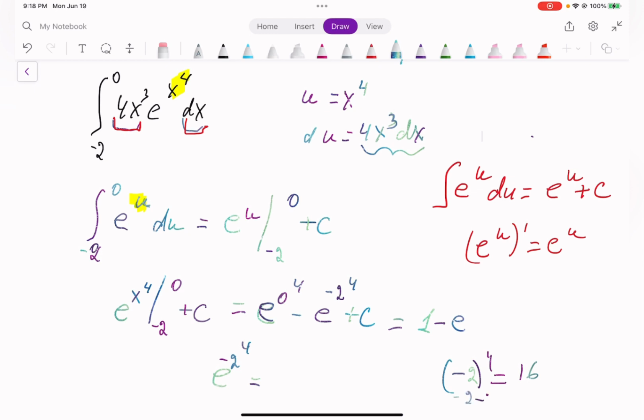Negative 2 times negative 2 times negative 2 times negative 2, you are raising to the power 4, and you get 16. So it's going to be e to the power positive 16 and plus c. And that's going to be our answer.